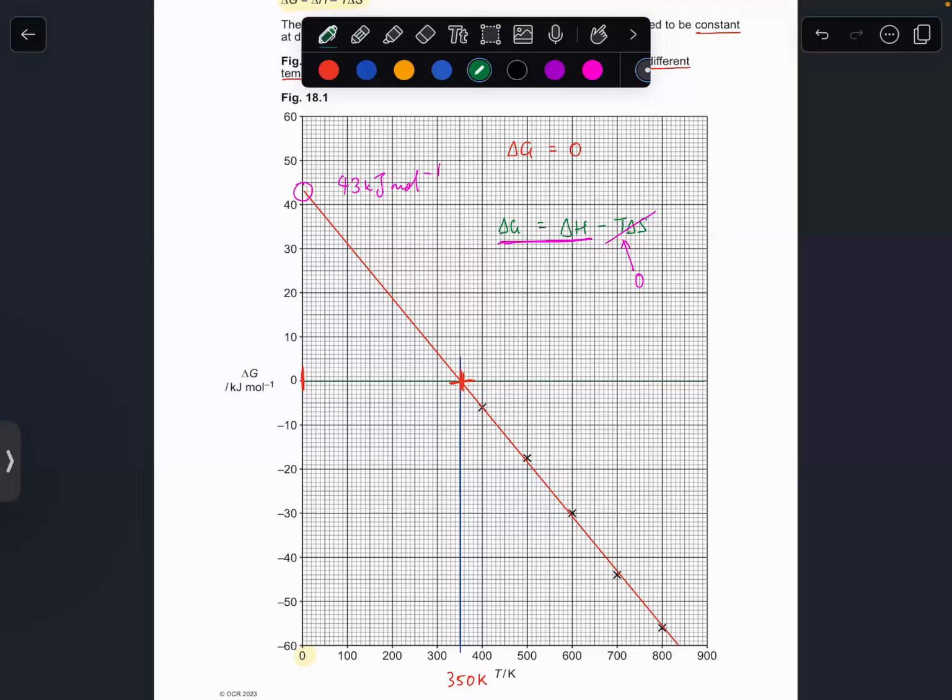We can take values, ideally the biggest possible. Let's do 43, from there to there, and from there to there. So difference of y over x, 43 over 350.